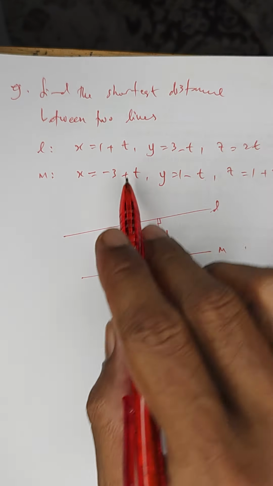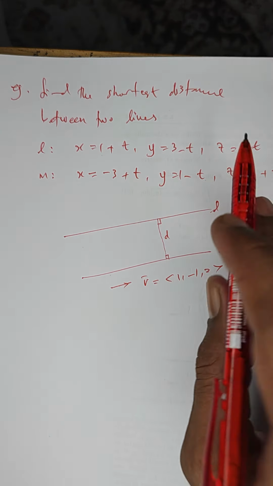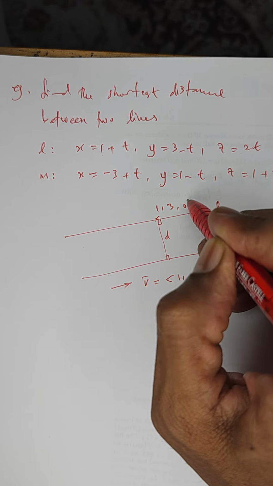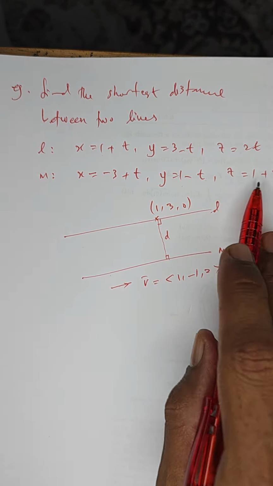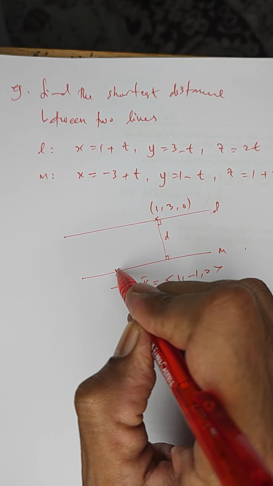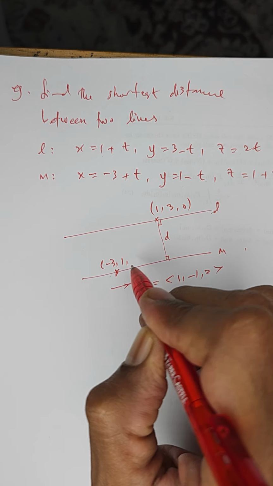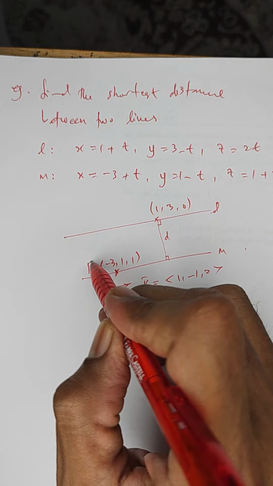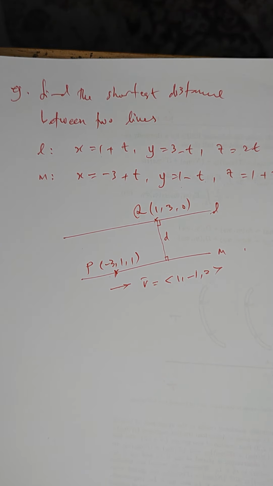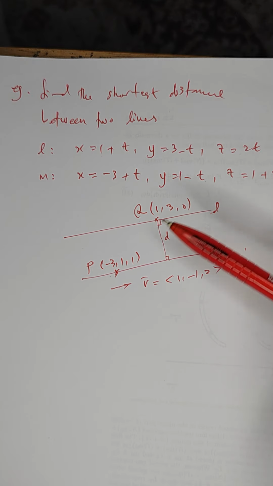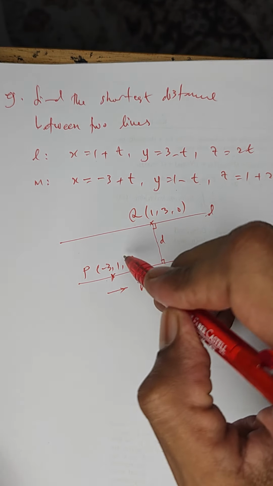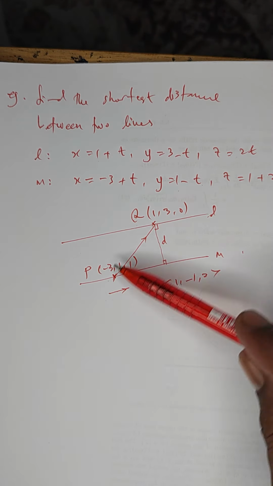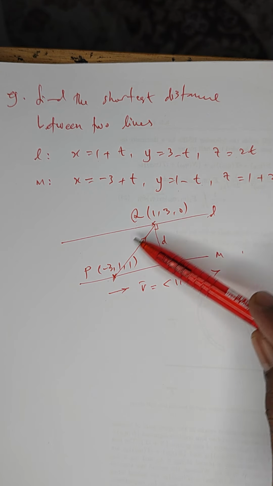For example, on line L, you can identify (1, 3, 0), and on line M you have (-3, 1, 1). Let's call the first point P and the second Q. Now, having obtained these points, you can form the vector PQ.